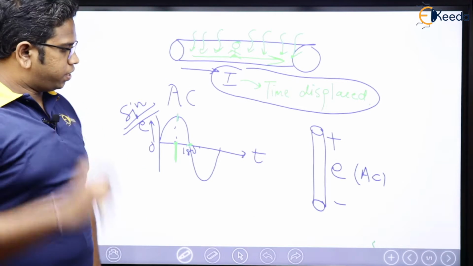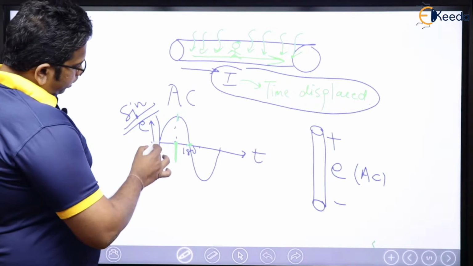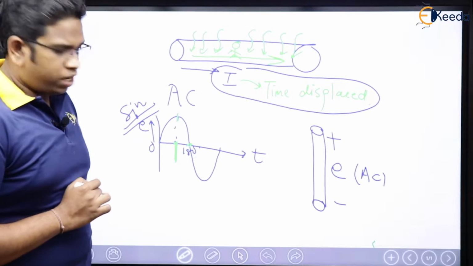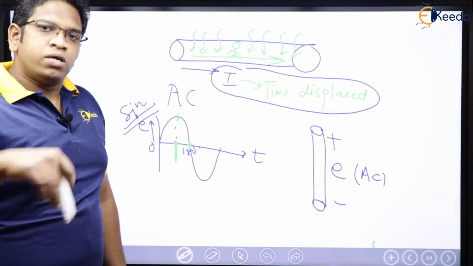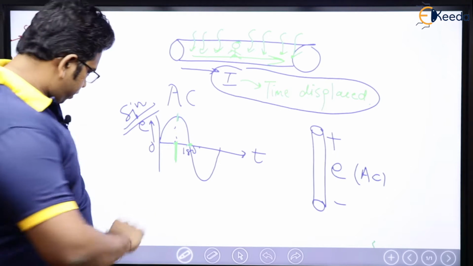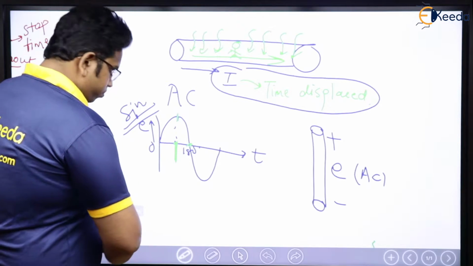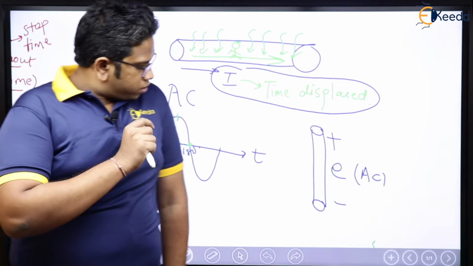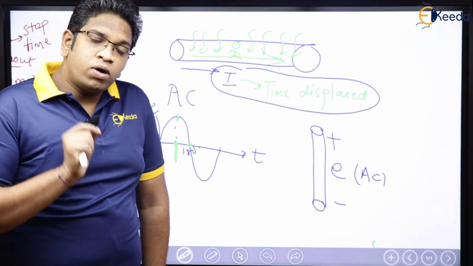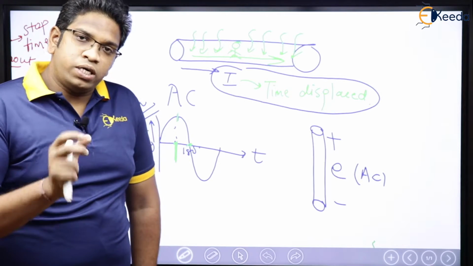What does that mean? See here. When time is zero, induced EMF is zero. Let us start again, very easy. In order to find whether it is time displaced or not, what am I going to do? I am going to sit on the conductor.